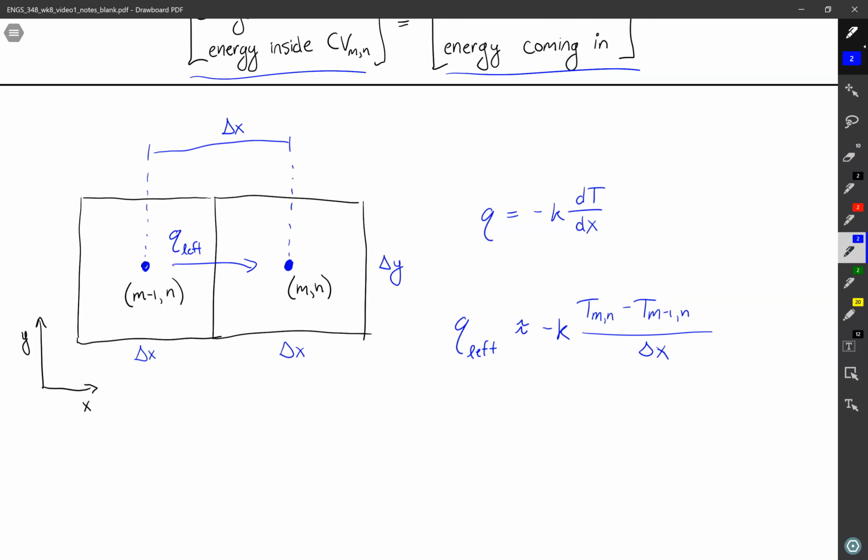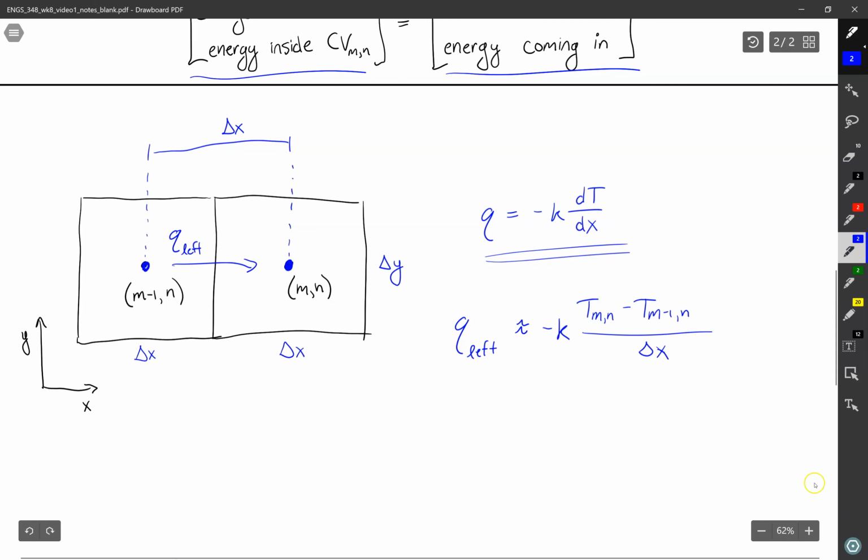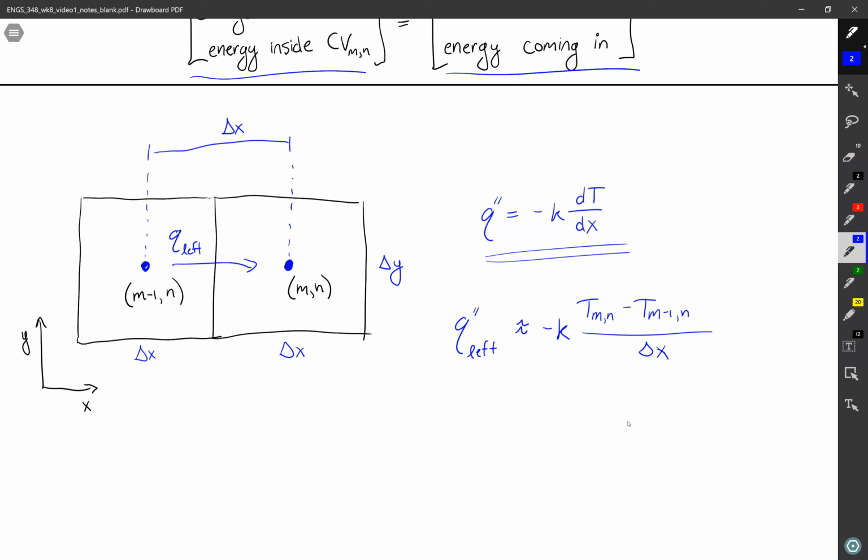Again, this is our discrete representation of the equation we're actually trying to look at up here. Okay, that would be what we would call Q prime. So this is the per area version.